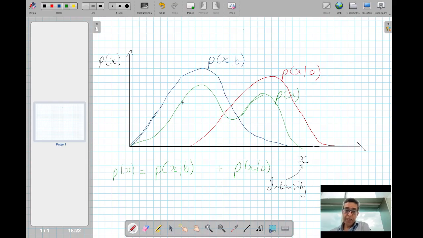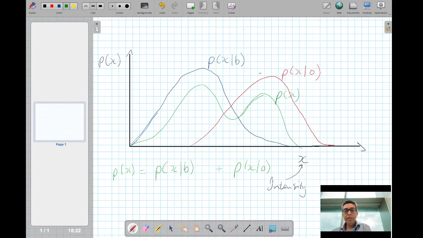If we think about how we combine these two together, we need to take into account the fact that we only have two conditions, and that the integral under this green curve should be equal to 1, because it's a probability density function. One of the properties of a probability density function is that its integral should always be equal to 1. Similarly, each of these conditional density functions also has unit area under it.